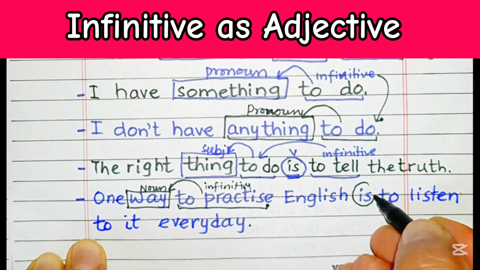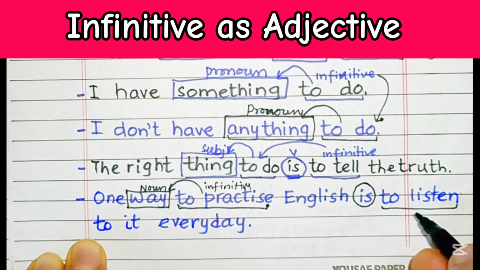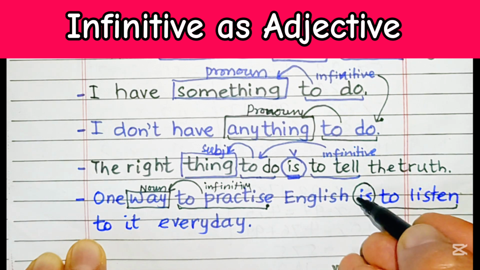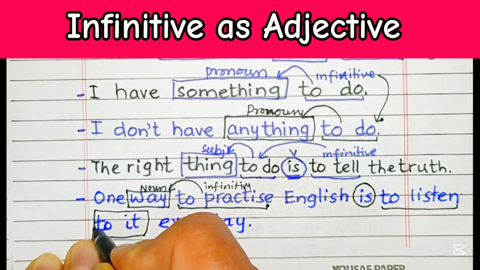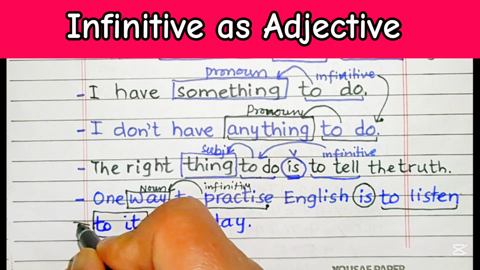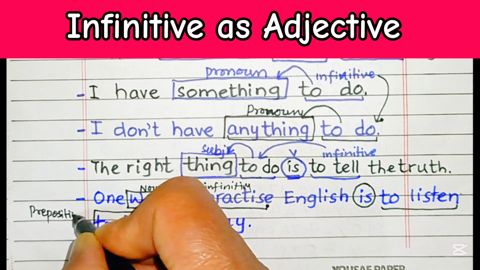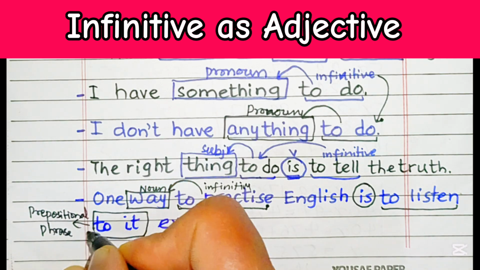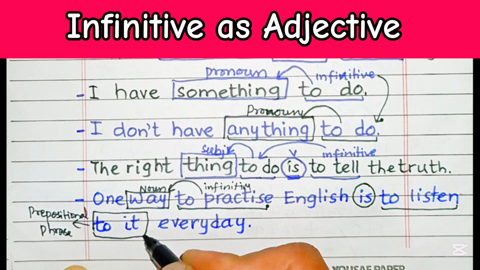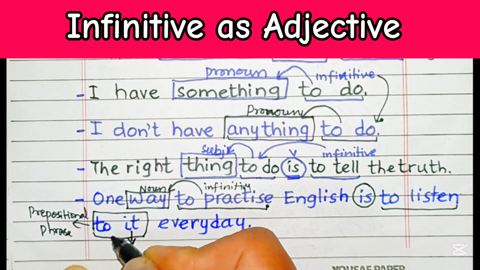This is the verb is. This is another infinitive, to listen. And here is a prepositional phrase, to it. This pronoun ends this prepositional phrase over here.